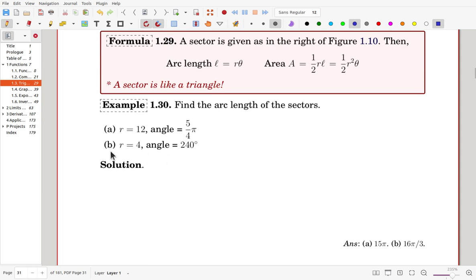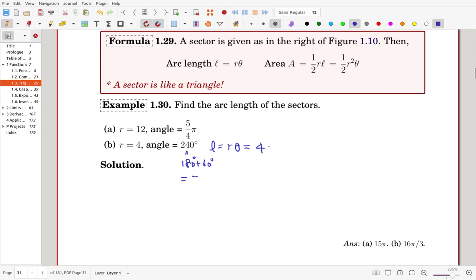Now for this problem, let's try to solve only part B here. Arc length L is r theta, but theta must be in radians, so we have to change this one into radians. R is 4, and 240 degrees is the same as 180 plus 60 degrees.